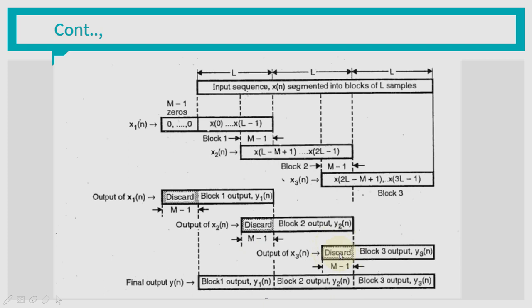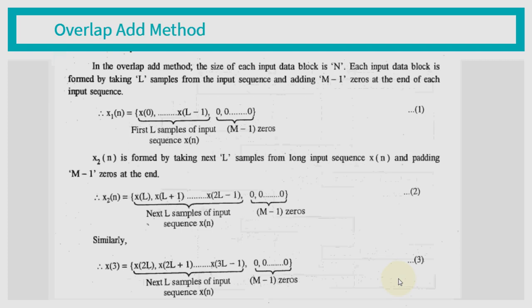In the third block, the same M minus 1 samples should be discarded and the output of y3 will be taken. Finally, the output of y1, after that y2, and after that y3 will be fitted into the line. So M minus 1 samples from each output are discarded first, and then the output is formed. This is nothing but the overlap save method.